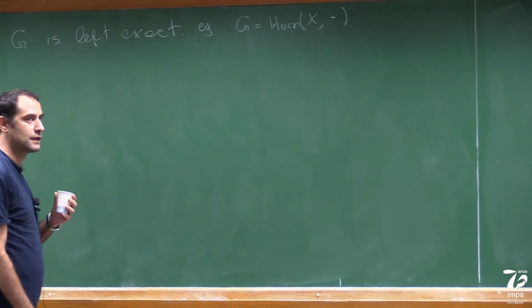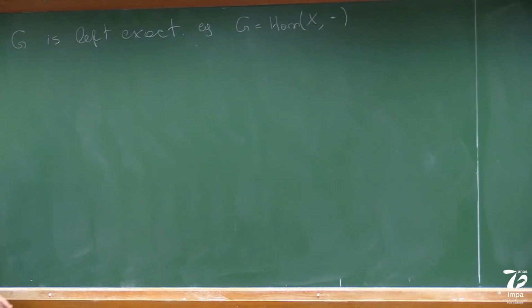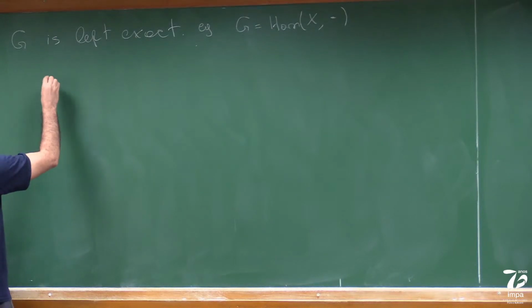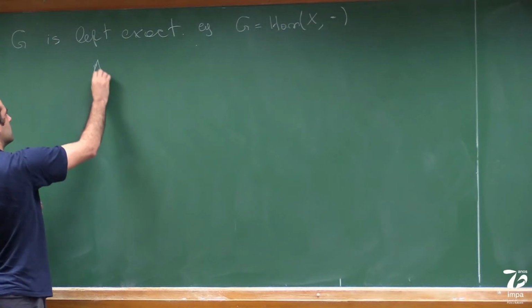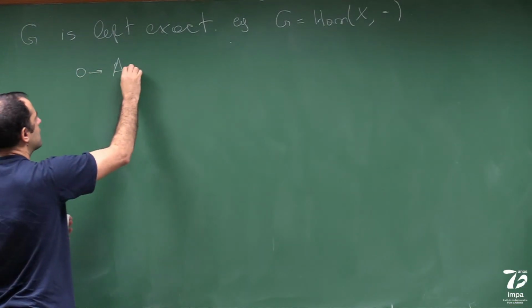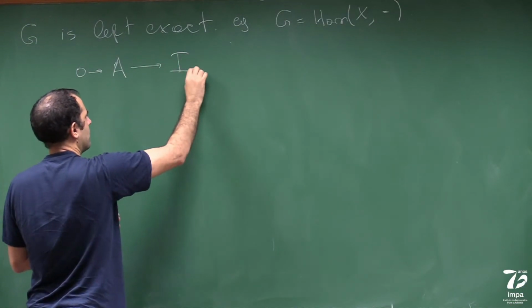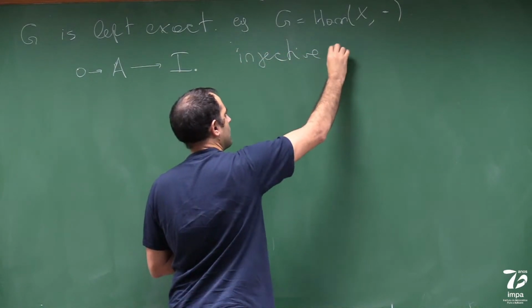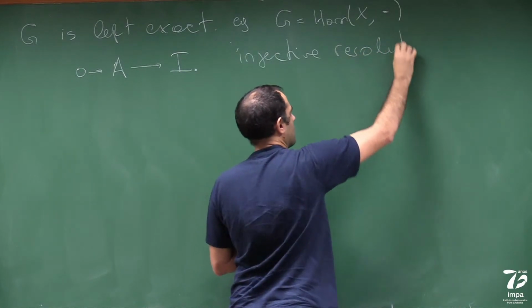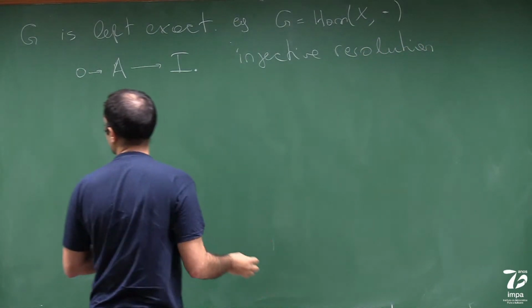So that's a left exact functor. Then you're going to compute the right derived functors by doing the following. You take an injective resolution in your category. And again, you need to check that this exists.